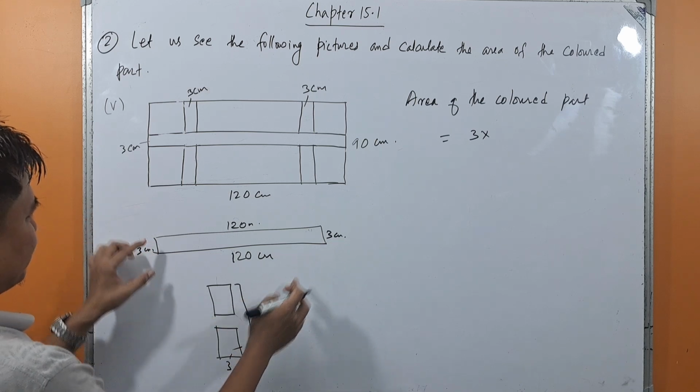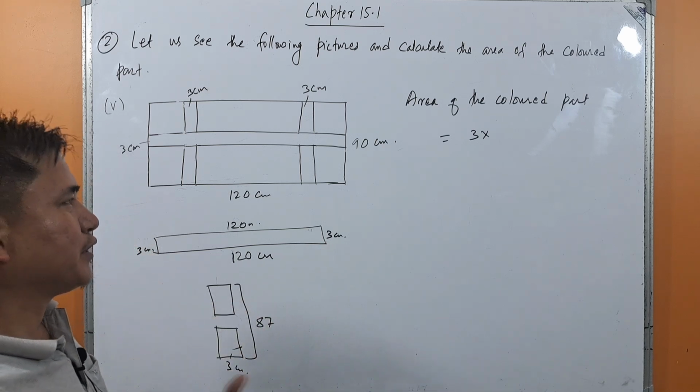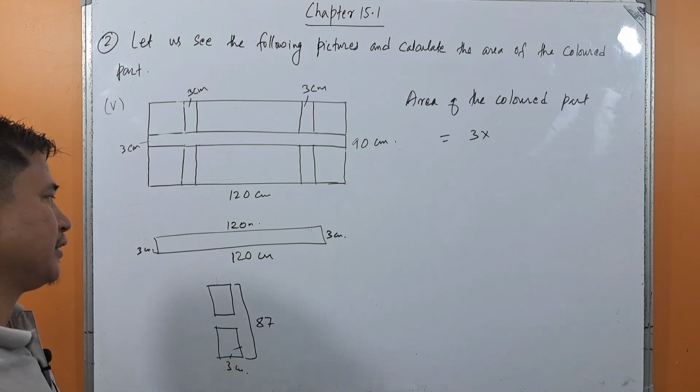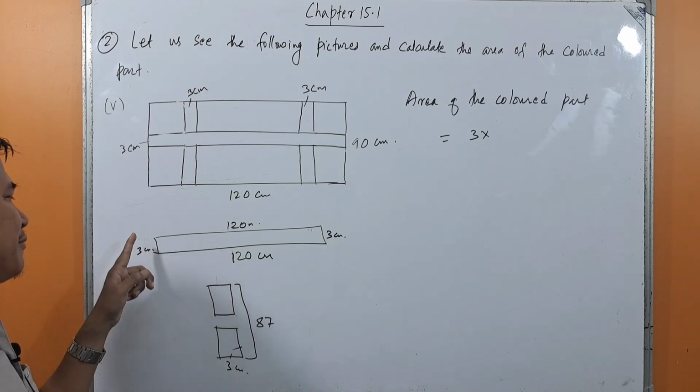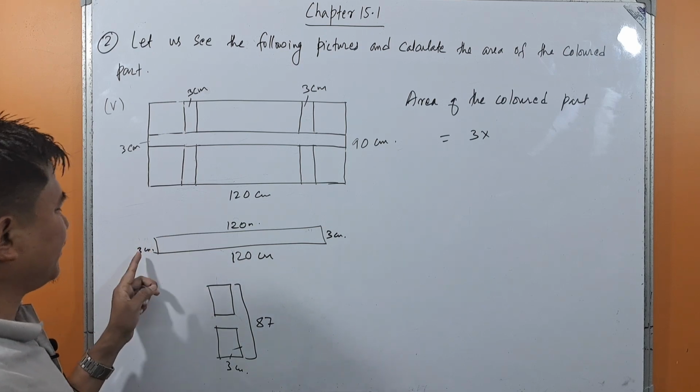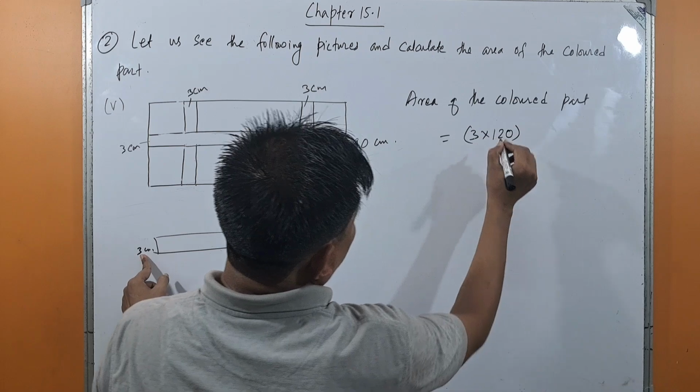Breadth is 3 and length is 120. We can multiply length into breadth or breadth into length, that will give us equal value, means 3 into 120 or 120 into 3 will give us the same number.